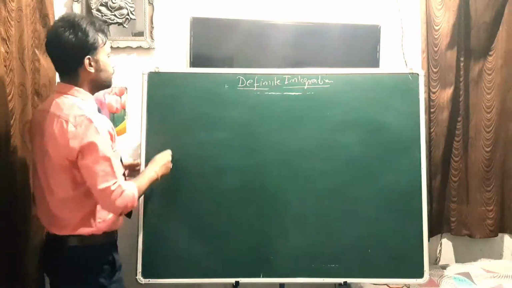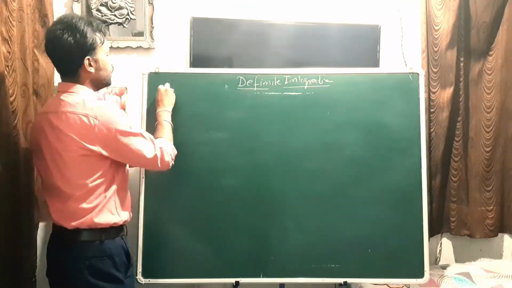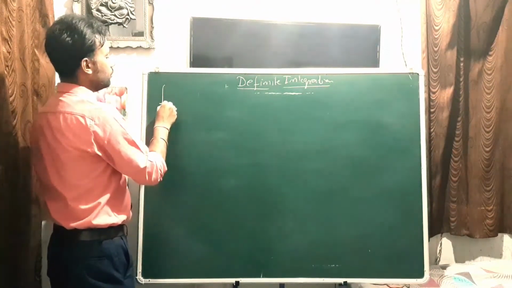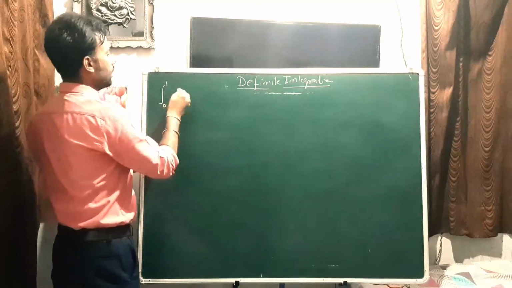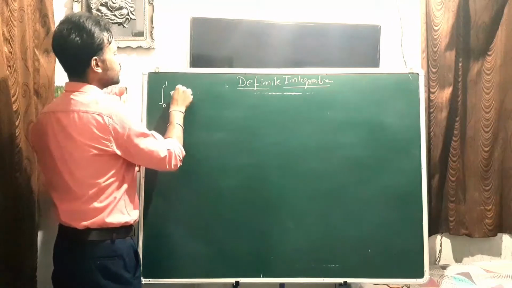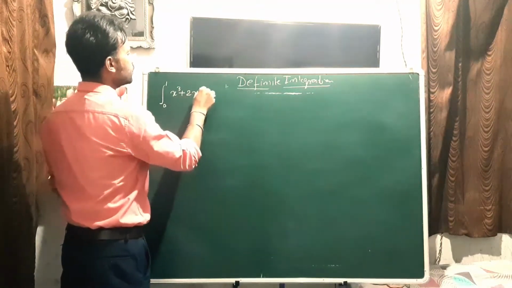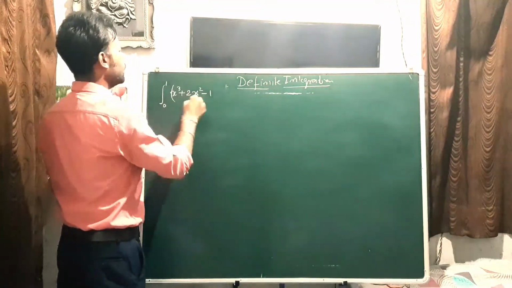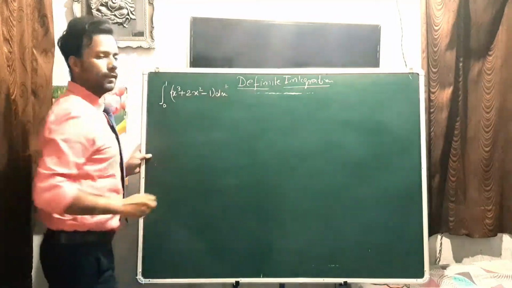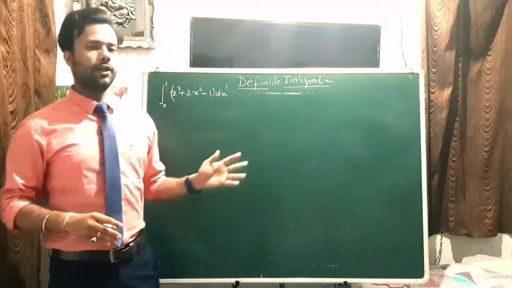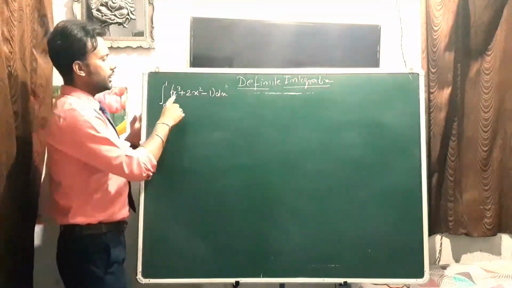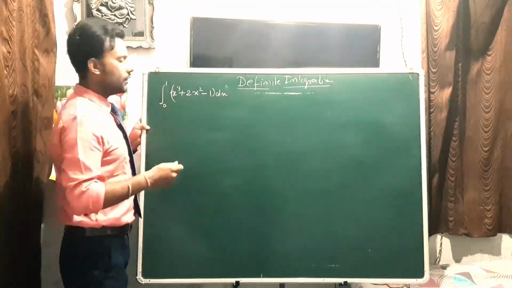Let's take an example. Let's say we have to find the value of the integration from limit 0 to, let's say, 1, and the function is x cube plus 2x square minus 1 dx, right? So what is the first step? We have to integrate them individually. So what will happen when we integrate x cube? We'll get x to the power 4 by 4.